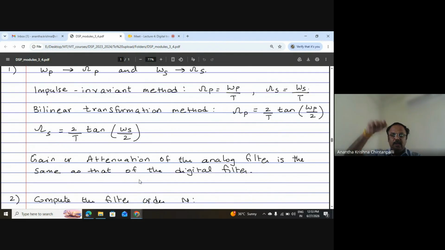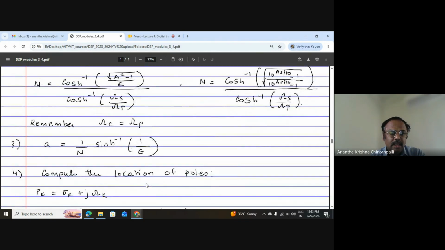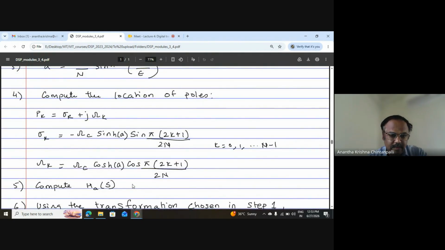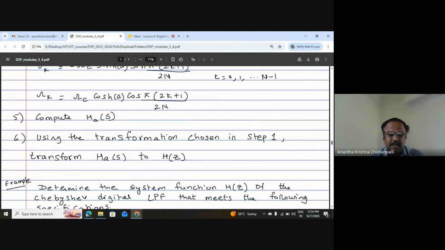The gain or the attenuation of the analog filter is the same as that of the digital filter. Then you compute the filter order, whether it's a linear scale or a dB scale. Remember, in both cases omega c is equal to omega p. Then you compute the value of A, and then you compute the location of the poles given by the formula. Then you compute your H of S, and then use the transformation chosen in step 1 to transform H of S to H of Z. So this is exactly what we want to do.